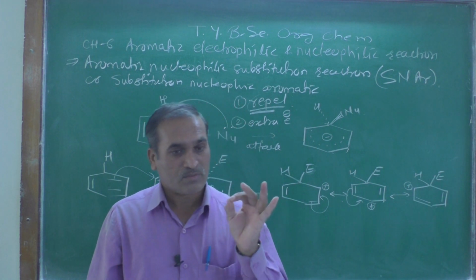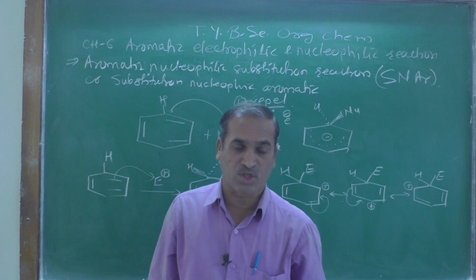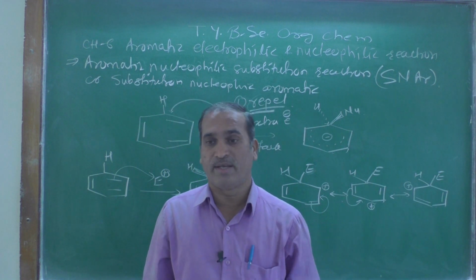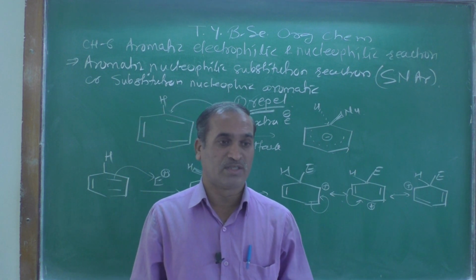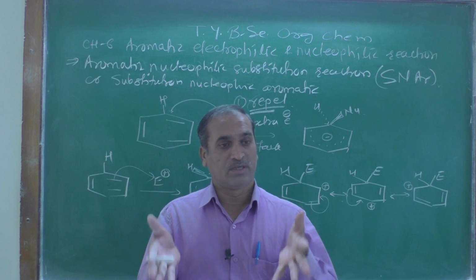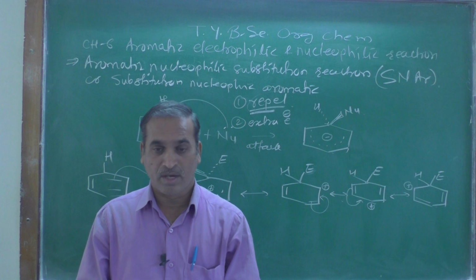Second, when the nucleophile gives two electrons, that extra electron cannot be accommodated in the benzene nucleus, and therefore nucleophilic attack on benzene is very difficult.